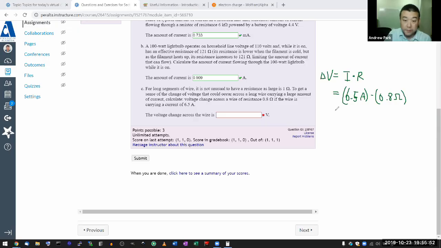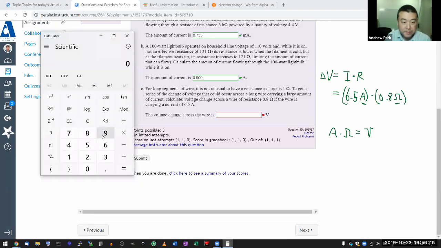And here I have both amperes and ohm. So I have that promise in the SI unit system that 1 ampere times 1 ohm is going to give me 1 volt. So, let's hope that's the case. So I'm going to put in 6.5 times 0.8. So the voltage change should be 5.2 volts. All right.